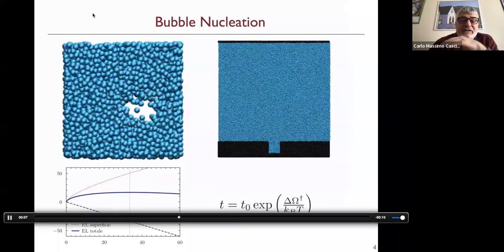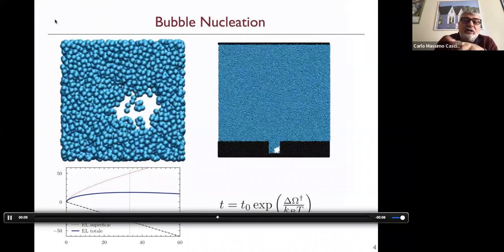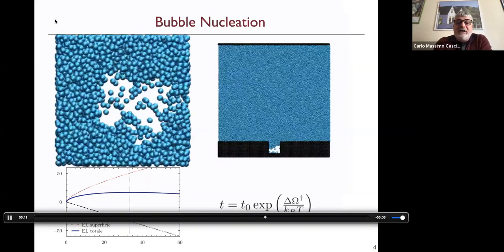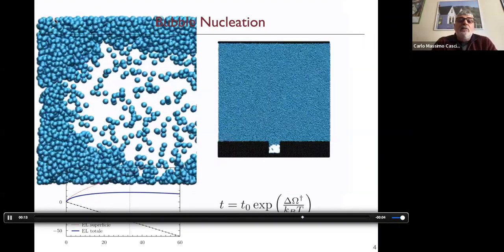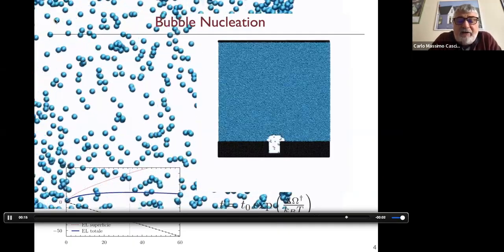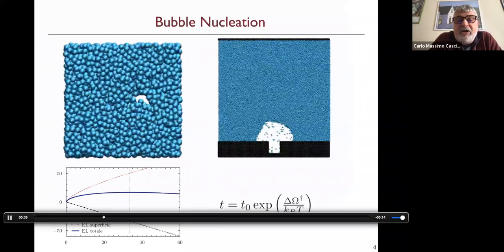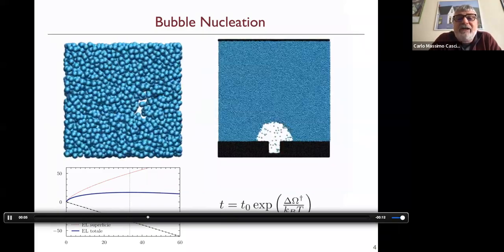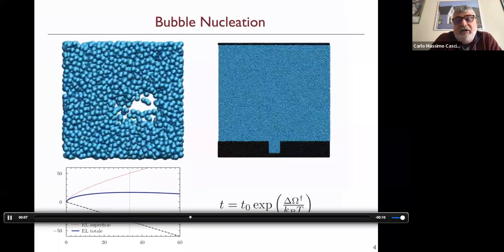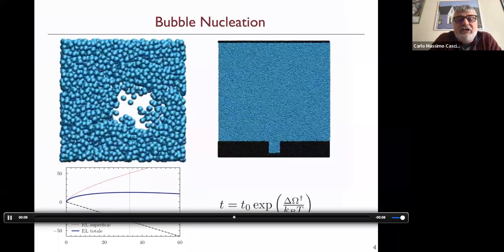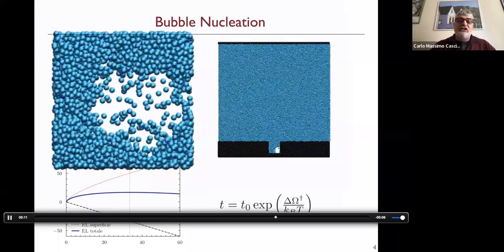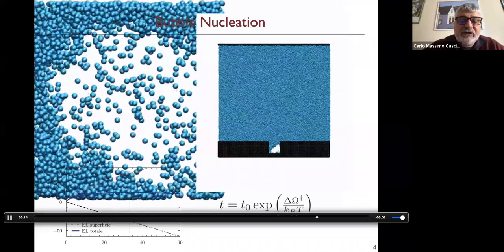And then you form regions which are depleted of particles. Most often, those regions are reabsorbed until the embryo of the bubble reaches a critical size or a critical dimension, after which you have an explosive formation of a vapor state.